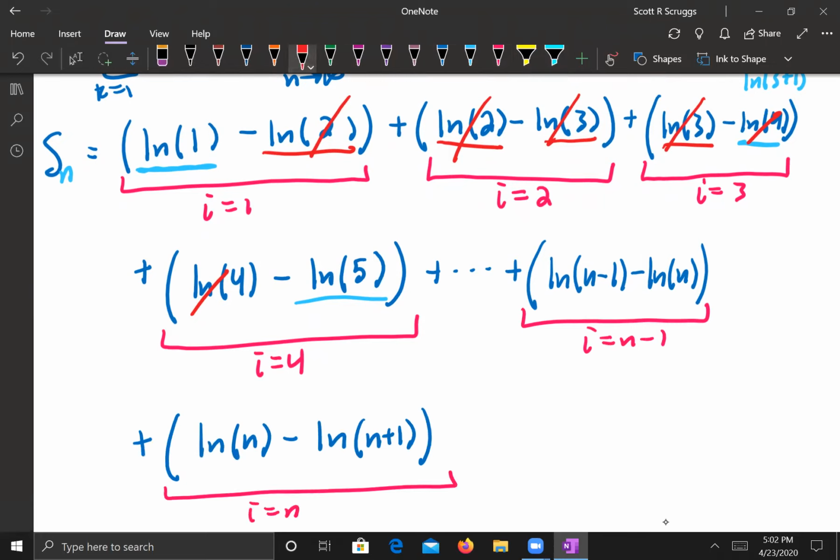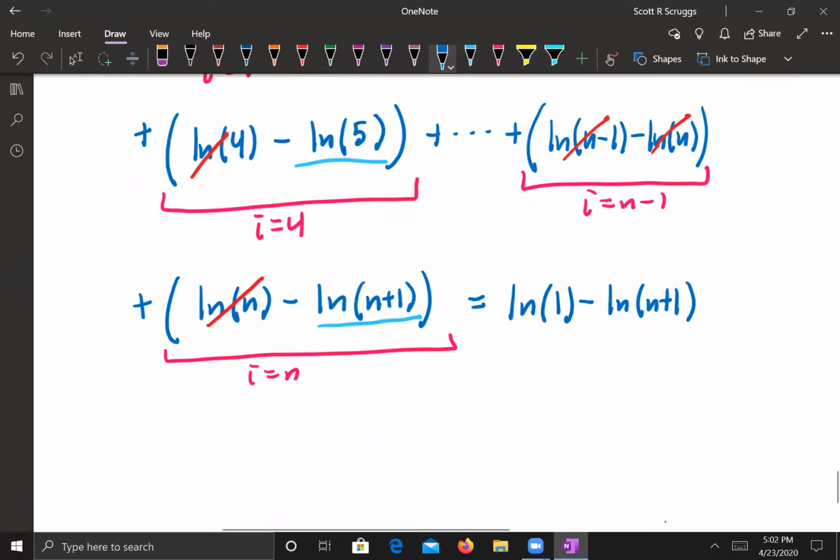We concluded before that everything except the very last part will die off, and natural log of the subscript of the partial sum plus 1 will survive. So I conclude that my nth partial sum for the series is natural log of 1 minus natural log of n plus 1. I could go a little further, because natural log of 1 is just a fancy way of writing 0.